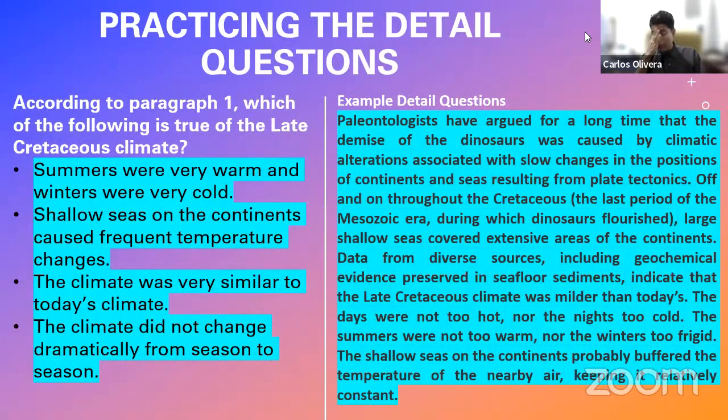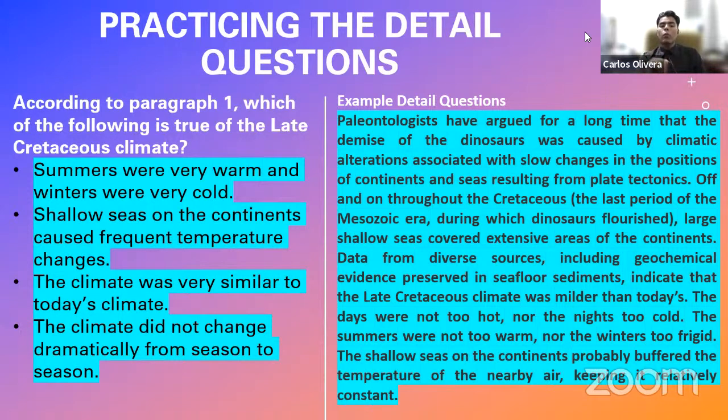Okay, awesome. So as I was saying, the question is basically asking which of the following is true of the late Cretaceous climate, because, as you remember, in this paragraph the Cretaceous climate was mentioned. There was a specific portion discussing this issue, talking about more or less the conditions of this climate.